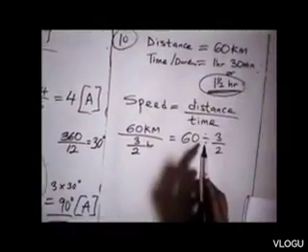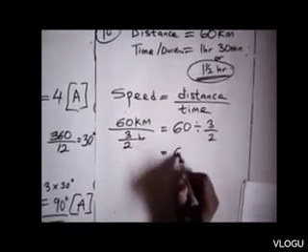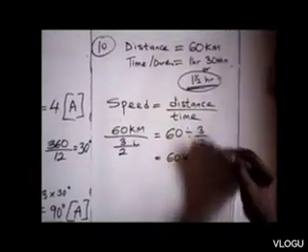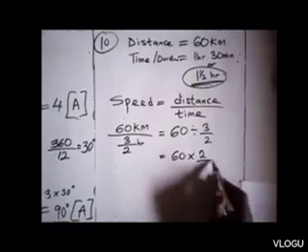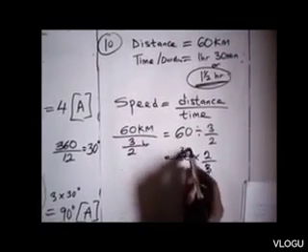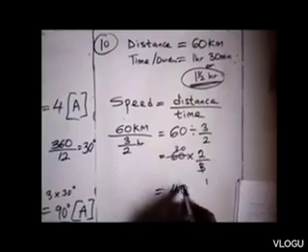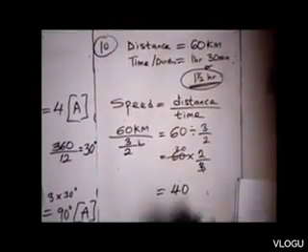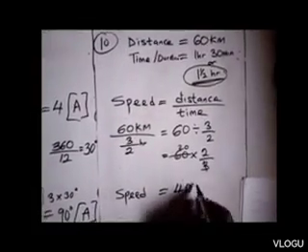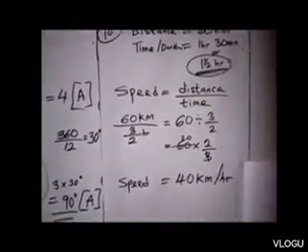And when I'm having a divide sign here, I have to turn it to a multiplication sign. 60 multiplied by, I won't write 3 over 2, I'm going to turn it upside down. That will be 2 all over 3. 3 into 60 is 20. Then when you multiply 20 by 2, that will give us 40. So back to the question, the speed here is 40 kilometers per hour.